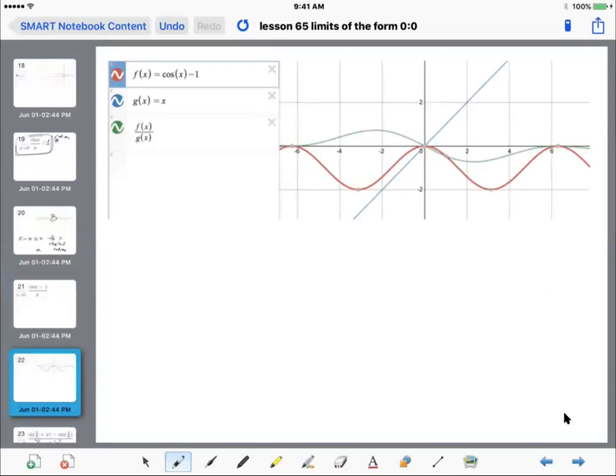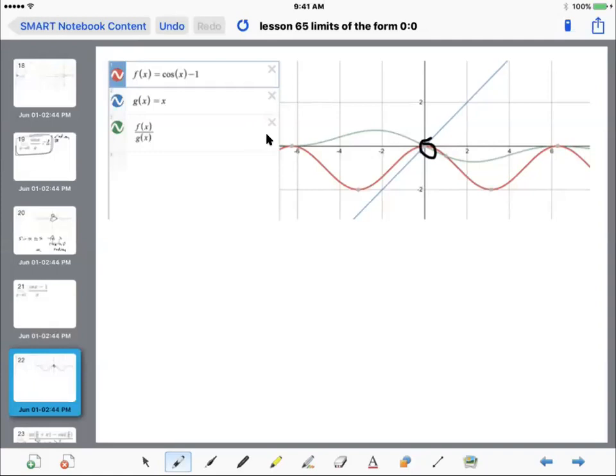The red is cosine x minus 1, the cosine curve shifted down by 1. The blue, of course, is just x. And the green is what happens when I take the quotient. In this case, you see that green thing seems to pass through the origin, even though it is undefined at 0.